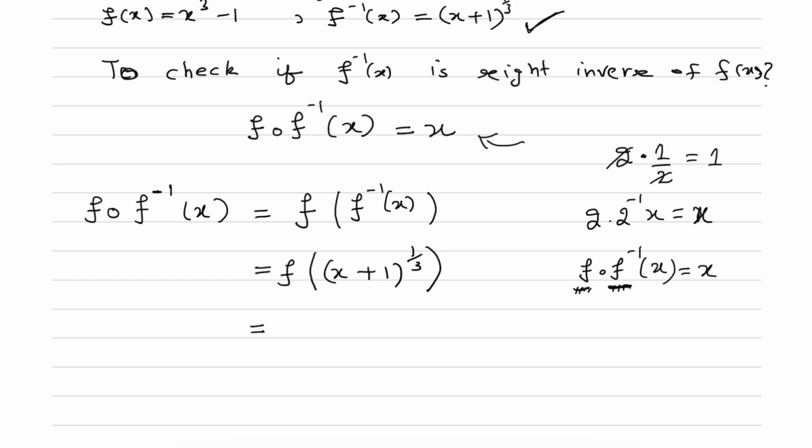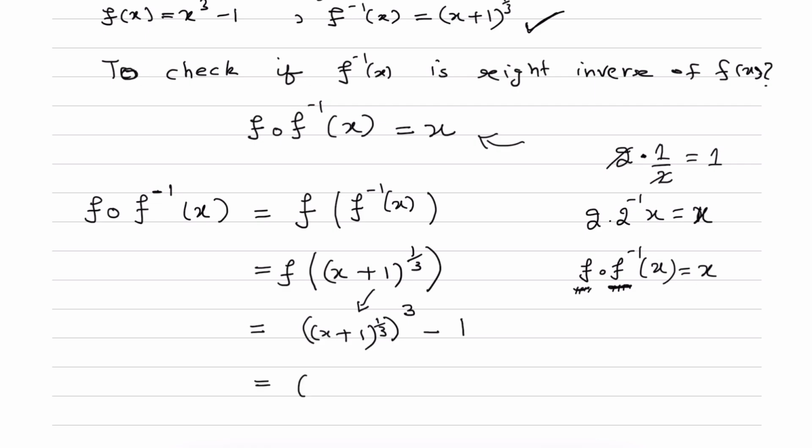Outside function is f, and we will write f completely, but wherever there is x in f we will leave the space for it. So our function was x cube minus 1. We will not write x, we write cube minus 1, and in the missing space we will put this argument, which is x plus 1 to power 1 by 3.